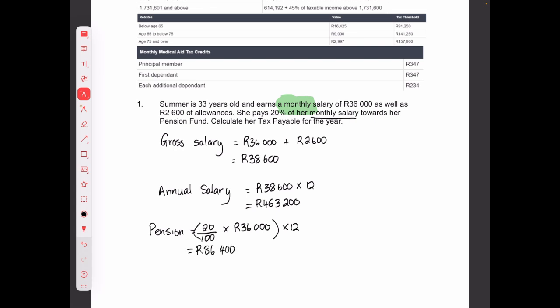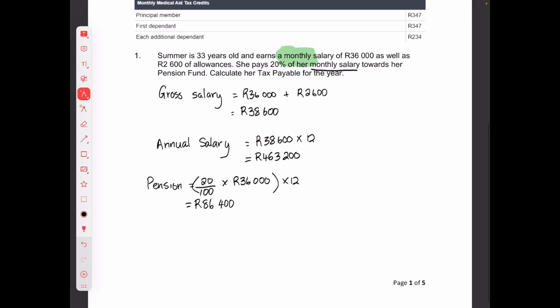So here we will have 86,400. Now, when you're working out your taxable income, you're going to make a note for yourself so that you remember this. So your taxable income is basically going to be your annual salary subtract your pension.